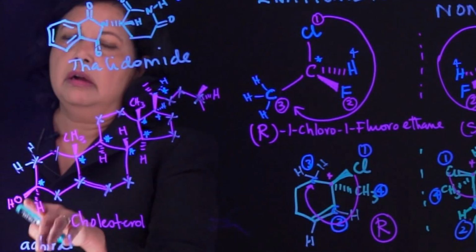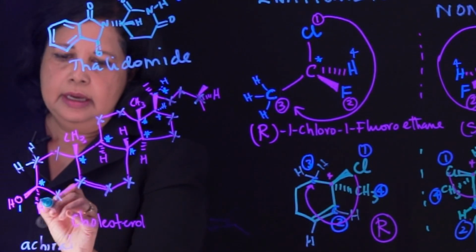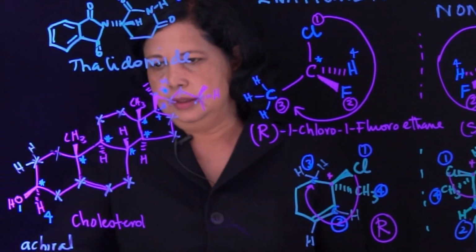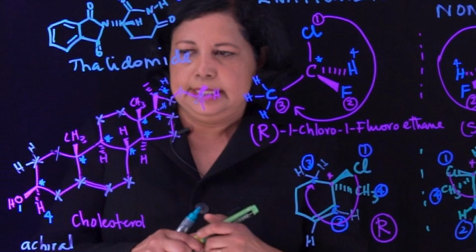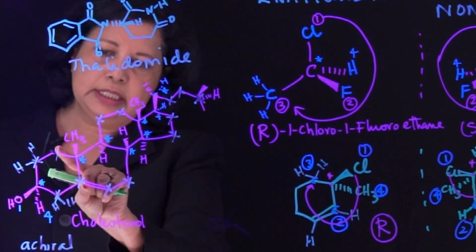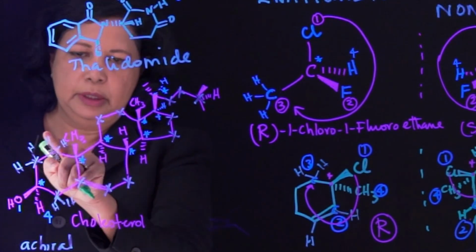Here's a hydroxyl. Oxygen's heavier than a carbon, so it will be higher priority than this. Hydrogen is the lowest. Between 2 and 3, well, this is CH2 and this is CH2. So there's no way you can decide just by going one carbon over. So you go to the next carbon. Well, this has got more hydrogens, lower atomic weight.